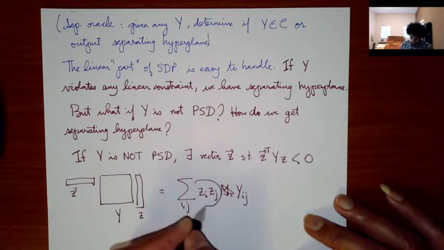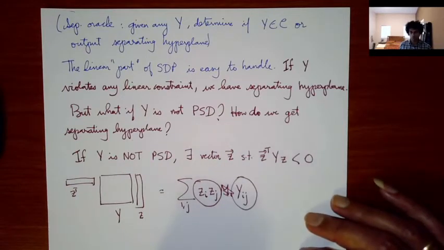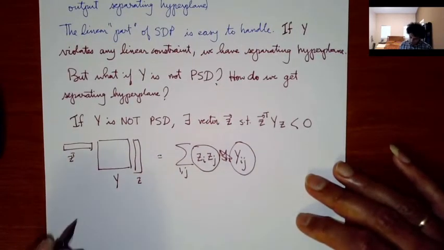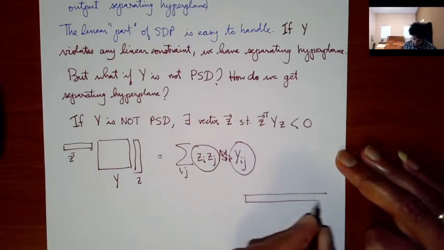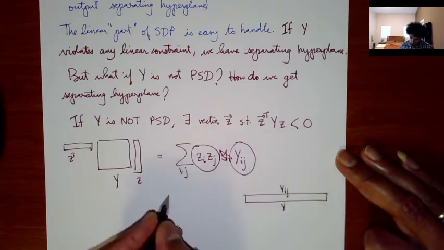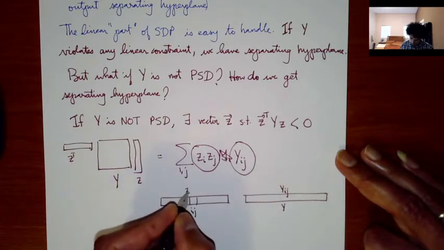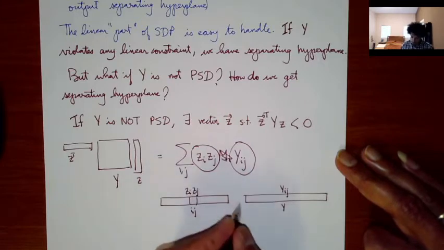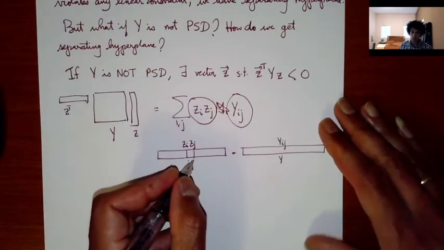But if you think of this term together and this term together, it looks like a dot product. It's the same thing as if you consider this vector y, where all the entries are Yij, and this long vector where the ij entry is Zi Zj, then it is the dot product of these two vectors.